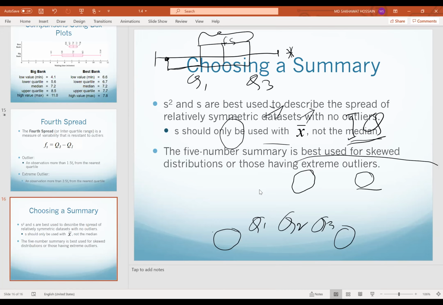For example, if you have outliers on the right side, and there is just one outlier, you use one asterisk. If you have two outliers, you use two asterisk symbols. So if you see this symbol on the box plot, that means the data set has outliers. Do you have any questions?